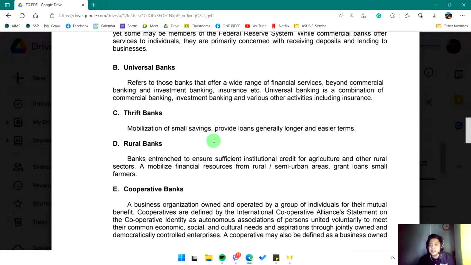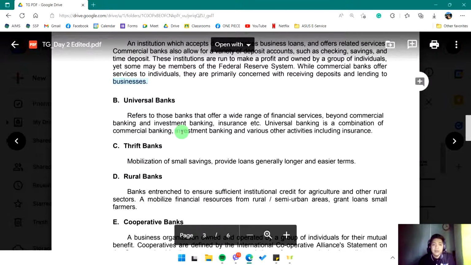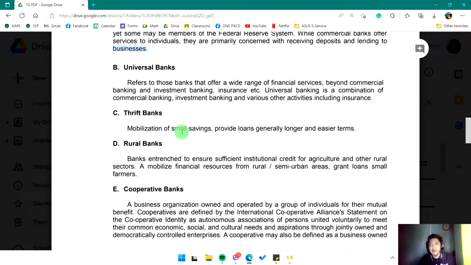Commercial banks is typically availed by businesses and other companies, while thrift banks usually are availed by individuals, mga tao, mga people, since thrift banks are focused on mobilization of small time savings and provide loans that has easier terms.